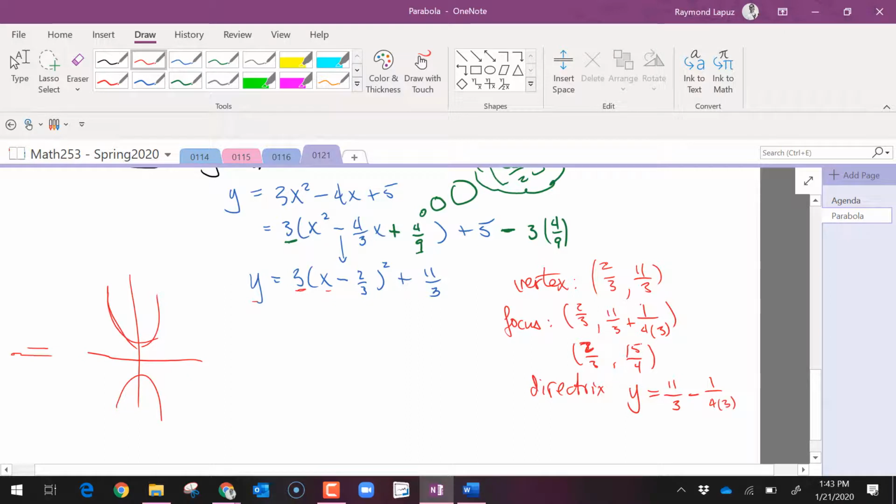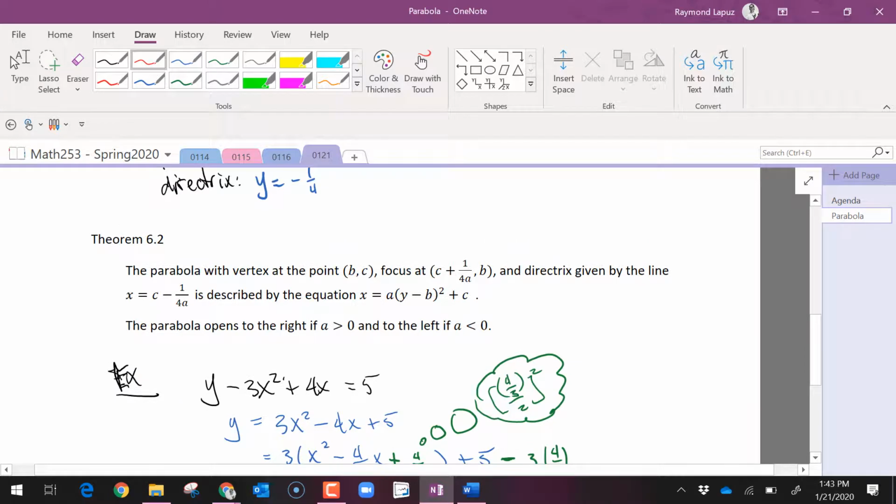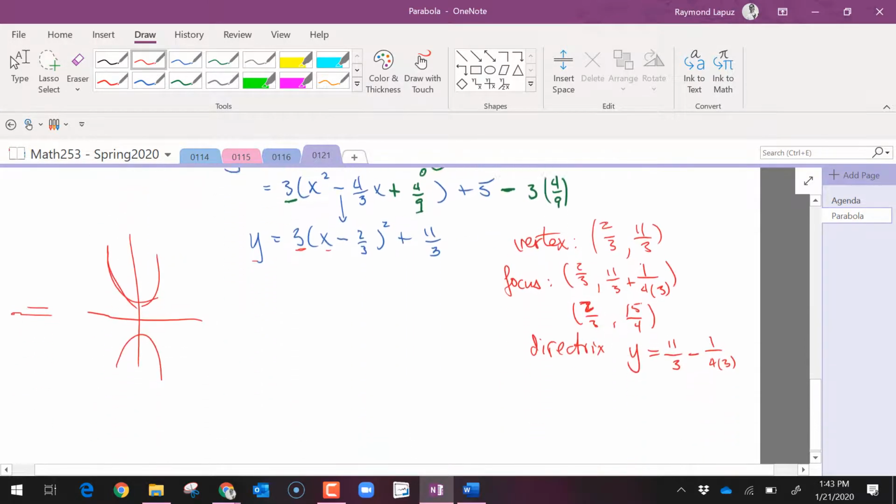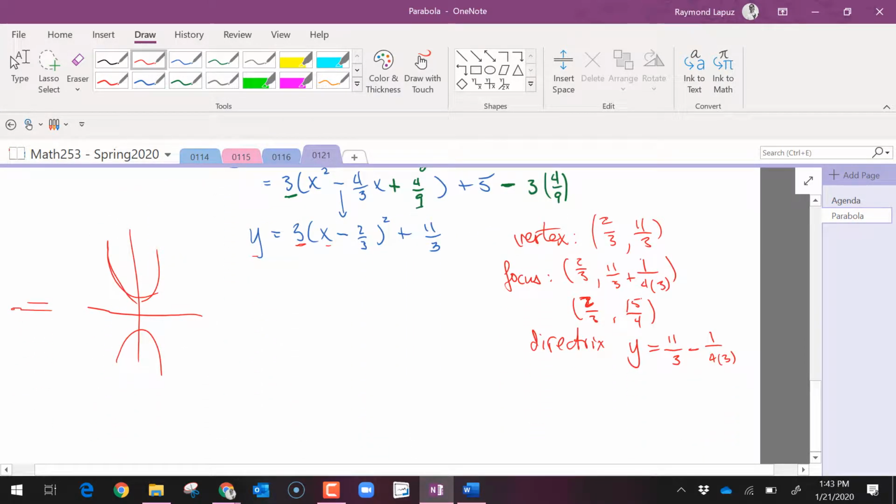So yeah, y, horizontal. 44, 43, 43/12. Yeah. So let's check this.